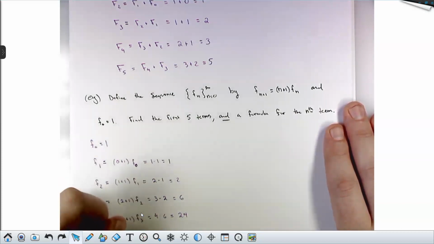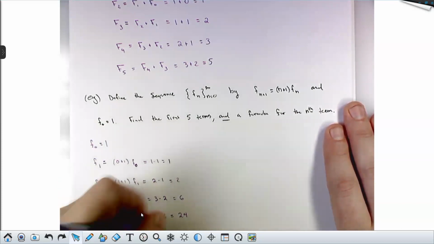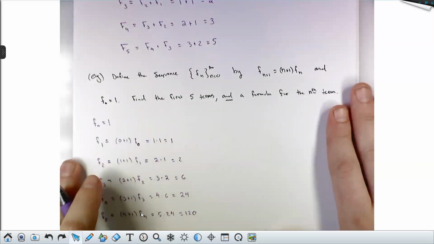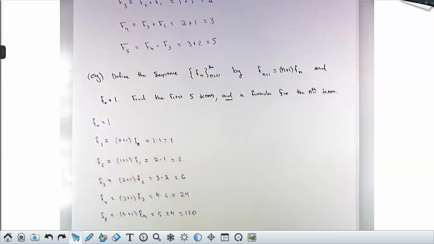F5 would be 4 plus 1 times F4, which is 5 times 24, which is 120. Does anybody know the name of this sequence? The sequence that goes 1, 1, 2, 6, 24, 120. The next is 720.